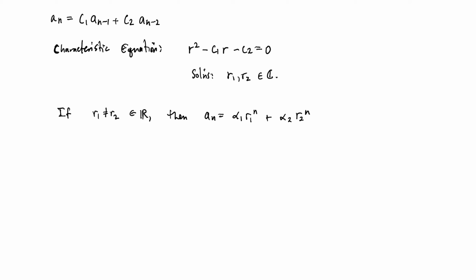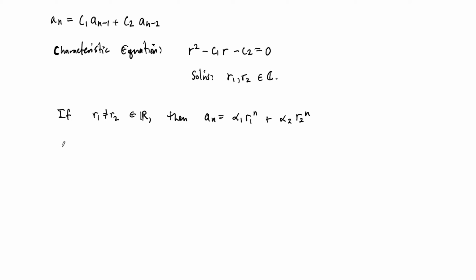Now the other case that we're going to care about is if r1 does equal r2, and of course it has to be real for that case. Then the solution's a little different. It says that a sub n is equal to alpha 1 r1 to the power n. But now r2 is not different than r1, so we can't just use the same formula. What we end up with is alpha 2 times n times r1 to the power n.